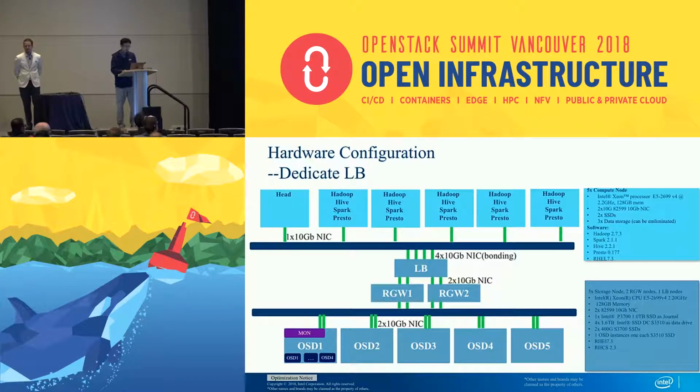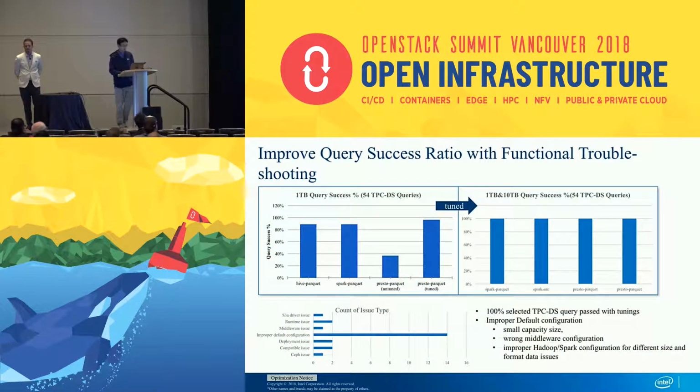With this architecture, we did lots of testing. The first thing we found is that with the default configuration, the queries we picked from TPC-DS were not 100% successful. We had to tune a lot, for example the maximum timeout value for the Spark tasks, and also the memory compute ratio for the Spark tasks.